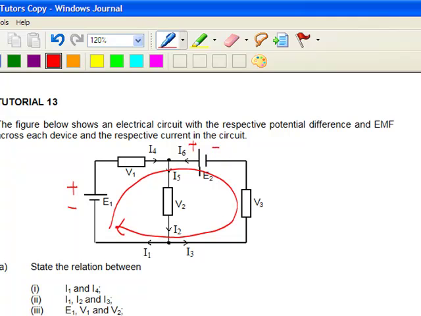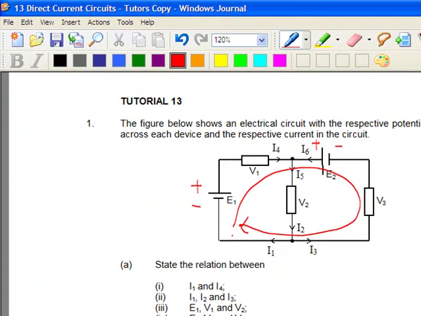Let's take the loop; the current should flow in a clockwise manner. E1 provides a potential rise, because its positive polarity is over here and it drives the current in the same direction as the loop. So E1 should be positive, correct?